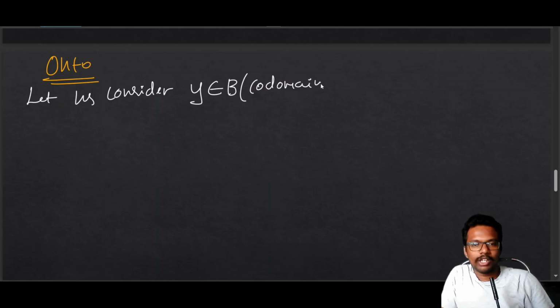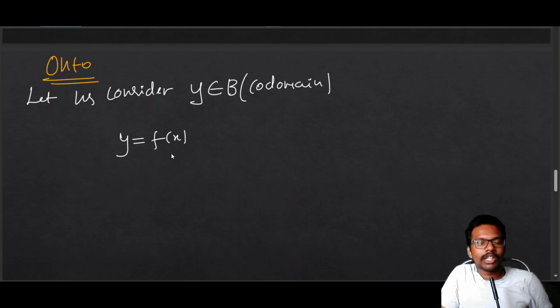From the codomain we have considered one element. After solving we have to move to the domain, so that element we name as x. Next, after considering an element in the codomain, we have to make sure that it is equal to f of x. F of x is nothing but the image of x which is present in the codomain. Both are the same.